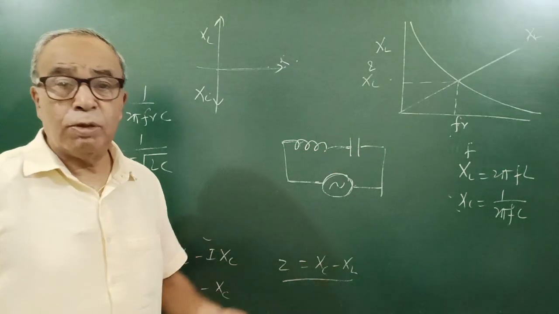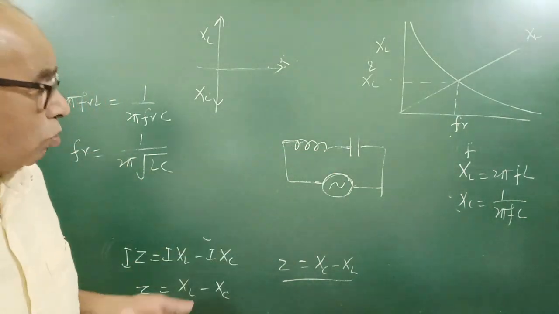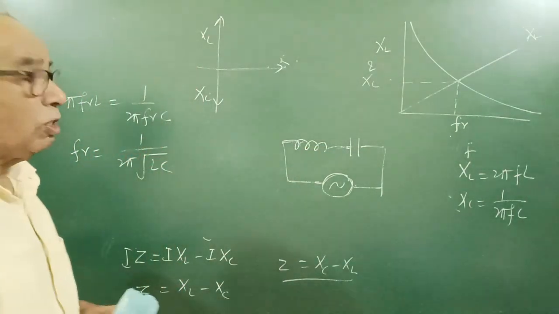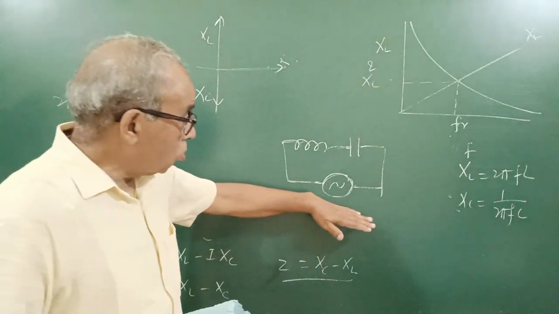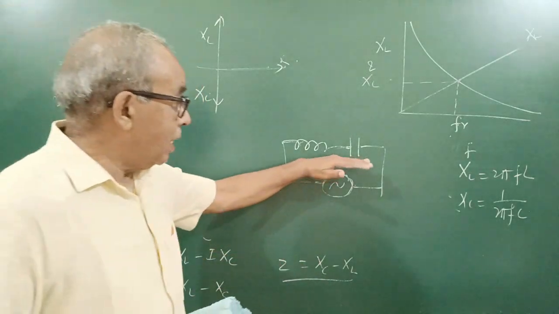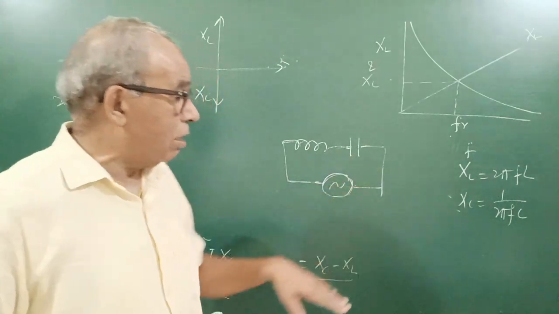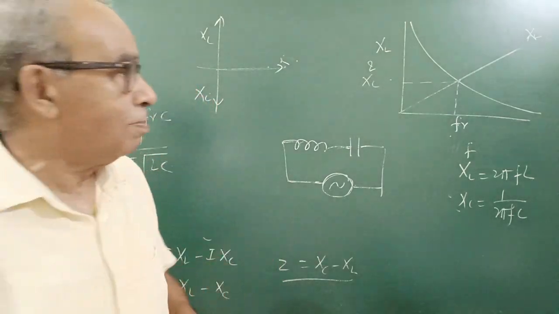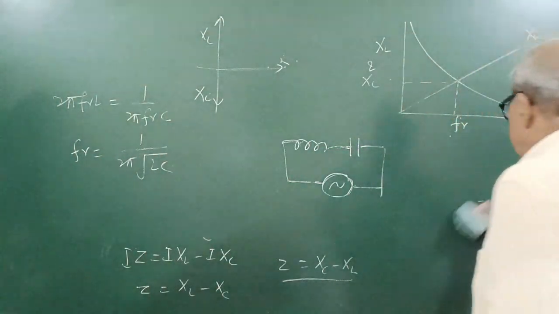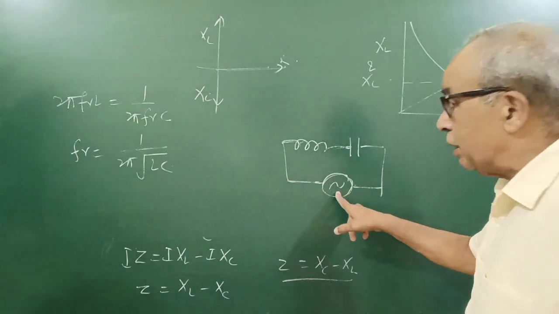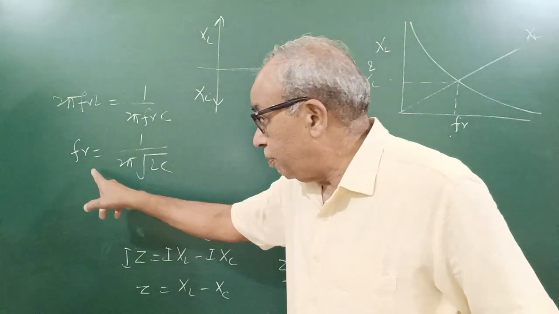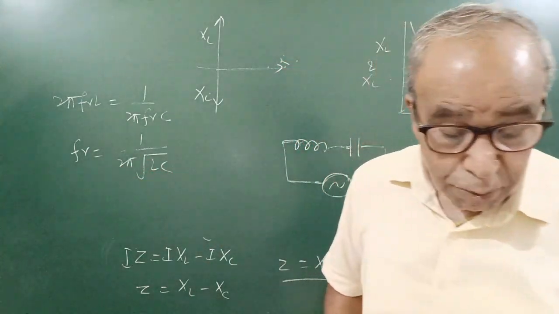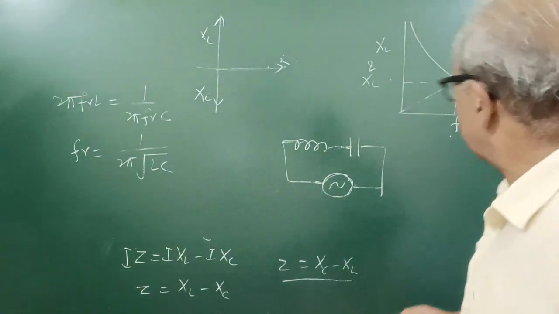So electrons oscillate with that frequency, but very soon, if the frequency determined by the values of L and C, which is called the natural frequency, does not match the frequency of the source, then the electrons oscillating here will pick up the frequency of the source, and that is not resonance. Resonance will take place only when the source frequency becomes equal to the frequency given by this equation.